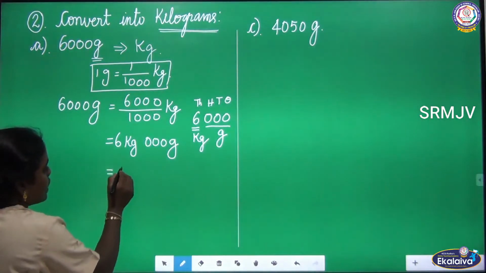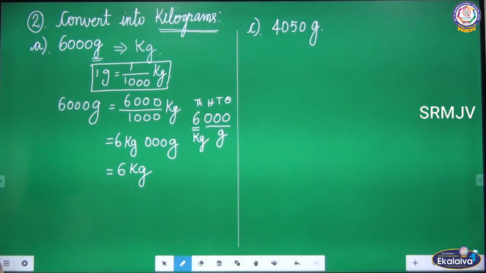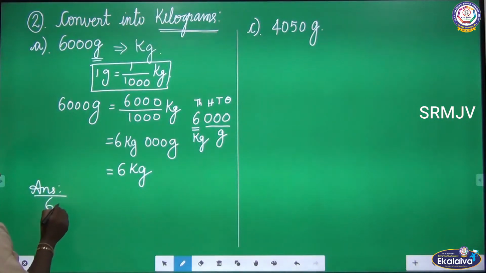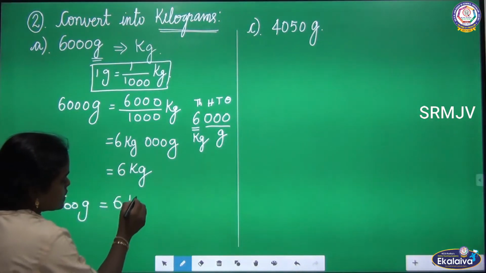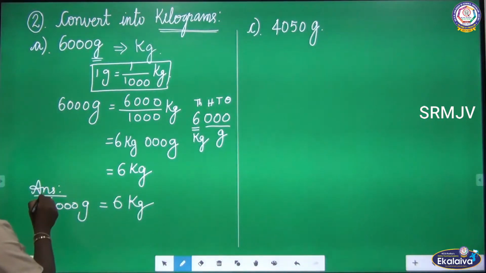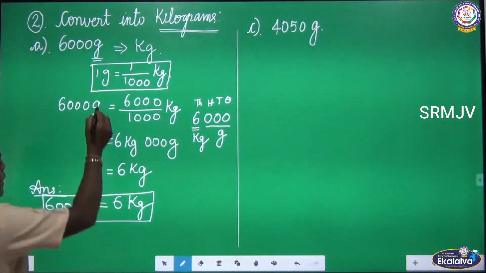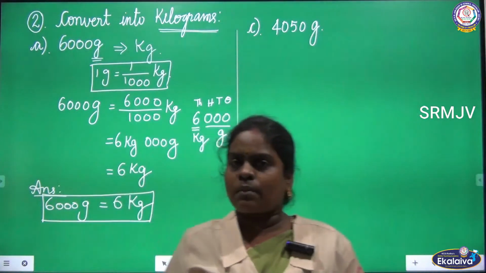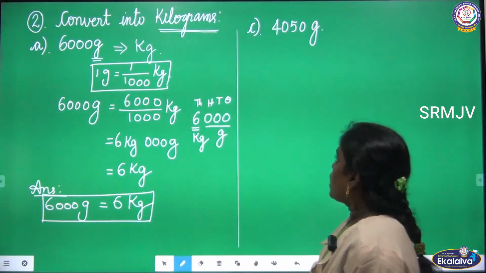We can write only the kilogram. So the answer is 6 kilogram. If you convert 6000 gram, we can get 6 kilogram. So by using the formula 1 gram equals 1 by 1000 kilogram, we can convert the unit gram into kilogram.